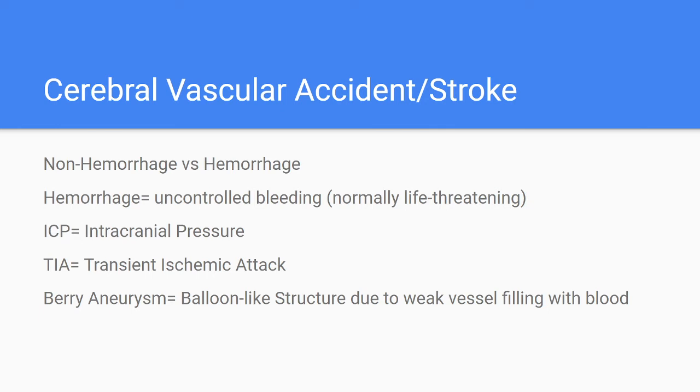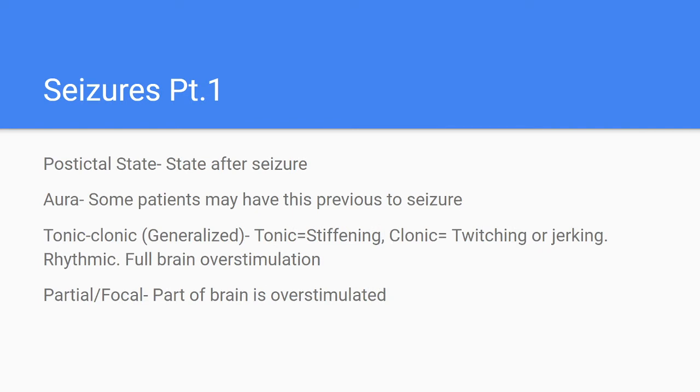So next up, we're going to be moving on to seizures. Seizures are basically when your body has overstimulation, understimulation, or a surge of electricity to a large area of the brain.